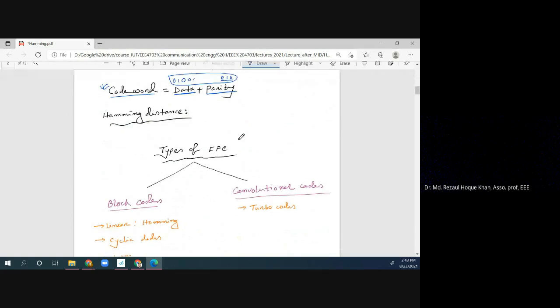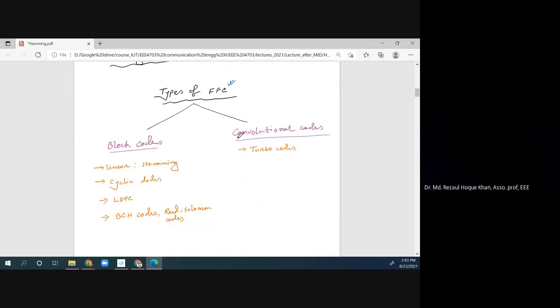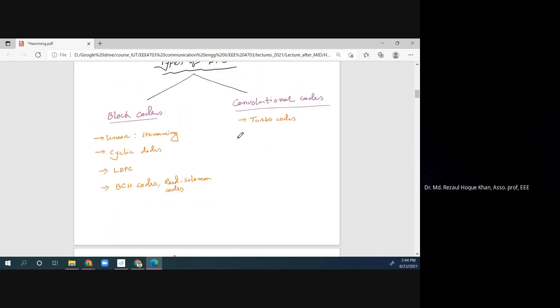Forward error correction is actually of two types. One is block codes, and another one is convolution code. I have already given you an introduction to convolution code. Probably I will add a few more lectures on it. From its name itself, a block code is nothing but a block.